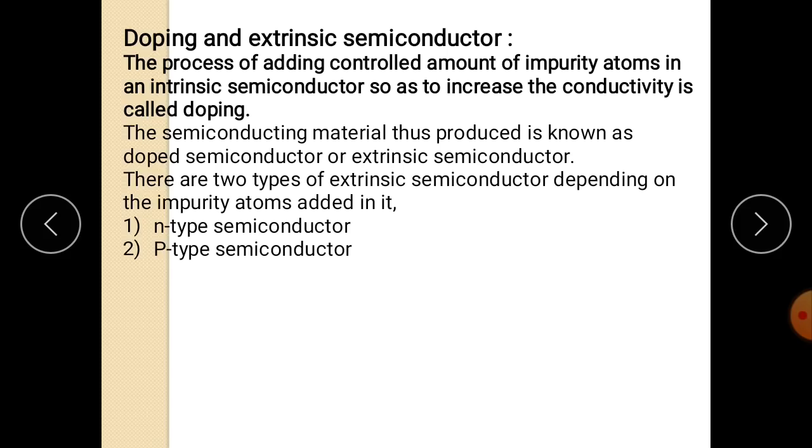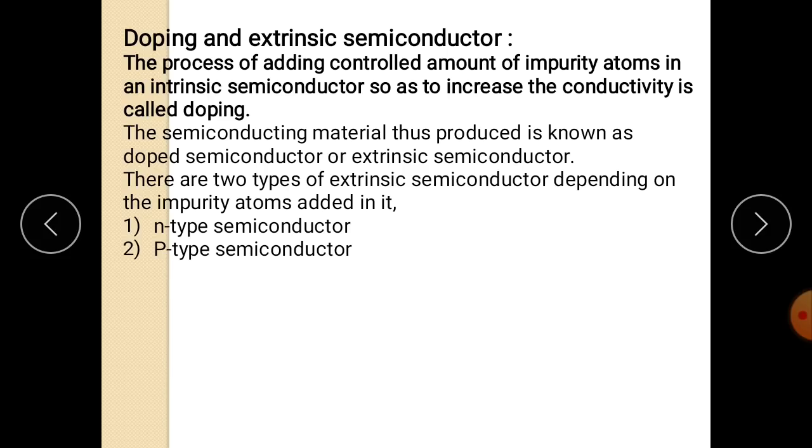If there are 10 raised to the power 7 atoms in an intrinsic semiconducting material, then 1 part of that is added as impurity. The semiconducting material produced after doping is called a doped semiconductor or extrinsic semiconductor.